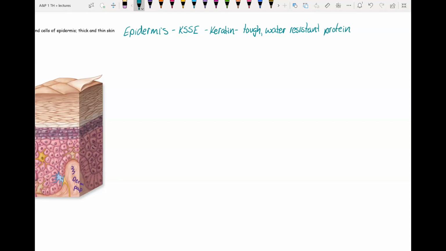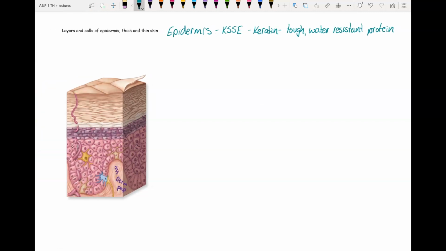So the whole point of the epidermis is protection. The epidermis is kind of like a helmet on a football player. It's this tough outer layer that protects. It's also waterproof, so you're not losing water out of your body. Remember, we've already talked about in chapter 2 with the balloons in lab how your body is mostly water. You don't want to lose that water.